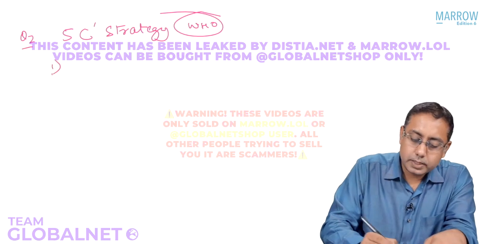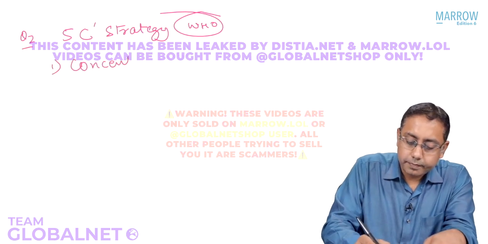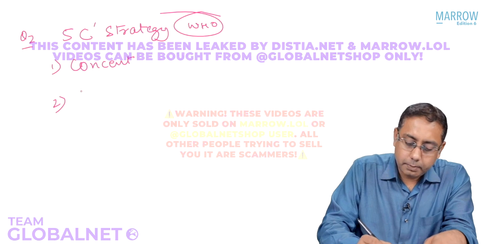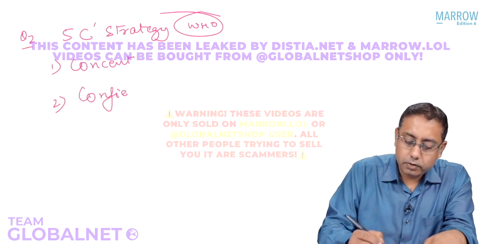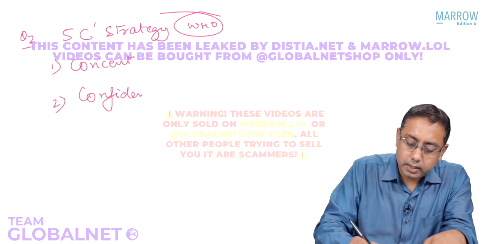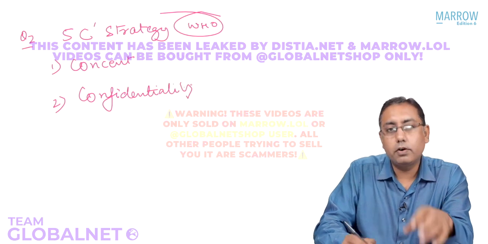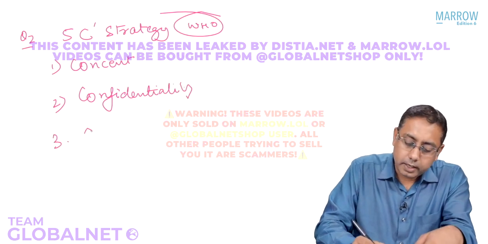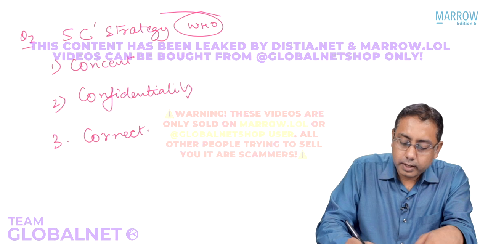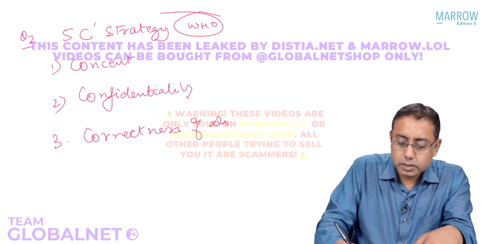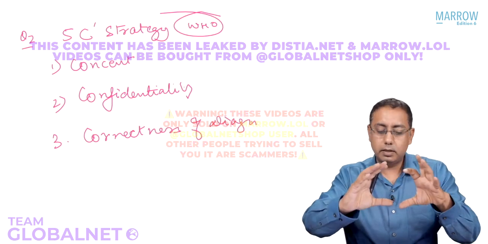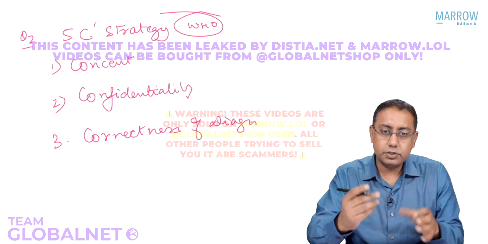So we should always take the consent of a person. Second, there should be confidentiality of the cases. Third is correctness of diagnosis. That means better tests and investigations should be used.